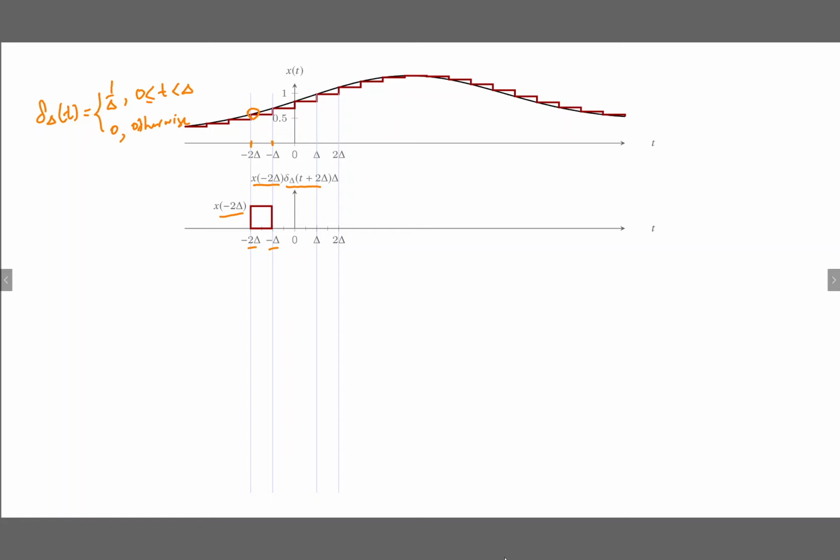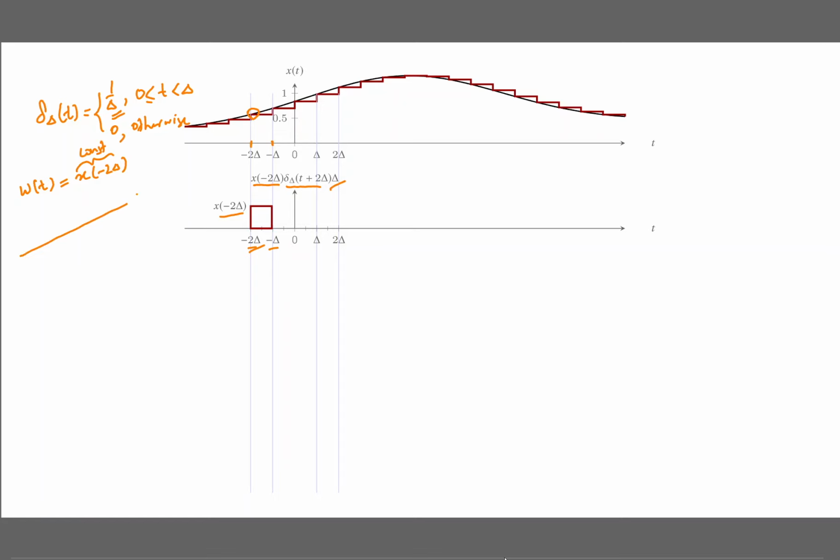So you can see we have located a delta delta function at t equals minus 2 delta, and we have multiplied that by delta because its height is 1 over delta. If you just take, for example, w(t) equals x(-2 delta), you can see this is a constant, which means it is independent of time.